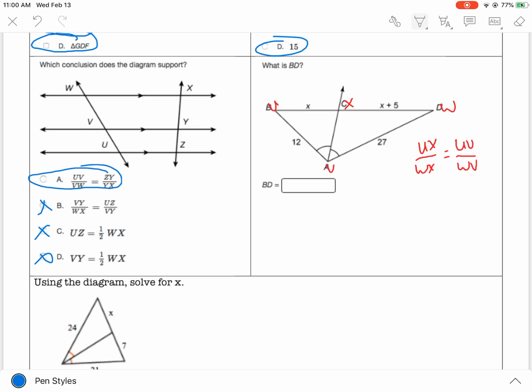What is BD? So we have 12 over 27 is equal to x over x plus 5. 12x plus 60 is equal to 27x.